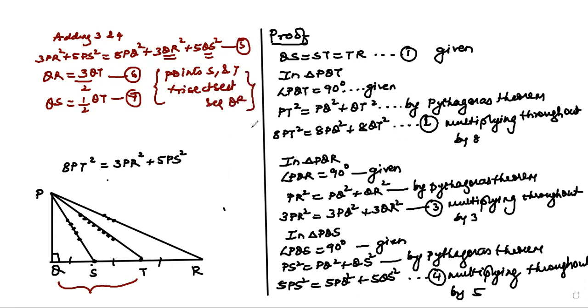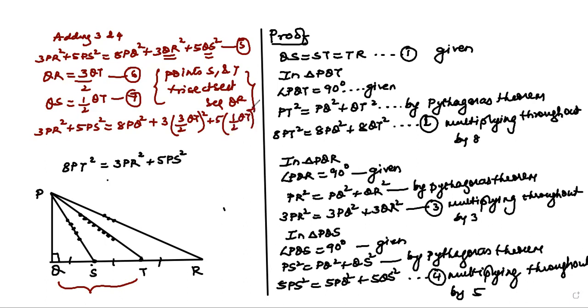Now what is going to happen, children? Please have a look here. 3PR square plus 5PS square is equal to 8PQ square plus 3 into (3 upon 2 QT) square, plus 5QS square, 5 into (1 upon 2 QT) square.